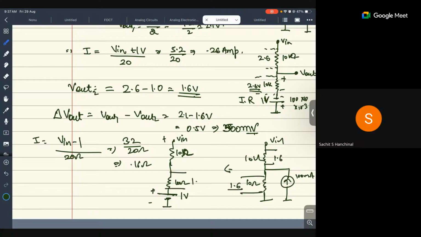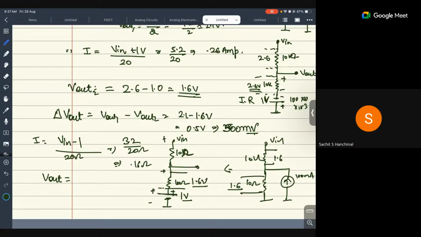The direction is plus minus. Now what is V out? Both voltages will be added, 1.6 and 1 volt, because positive is now connected with the negative.